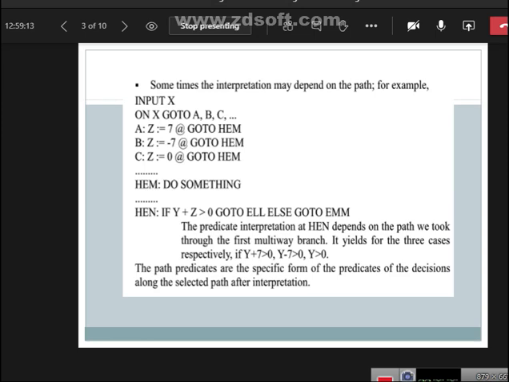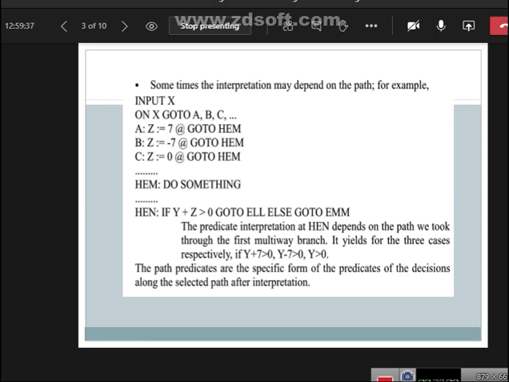If you are going to perform some interpretation, we have to choose the multi-way branch first, and based upon that multi-way branch it yields the three cases. These are the three statements.